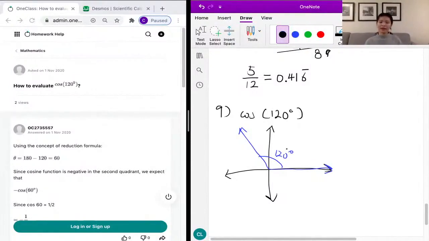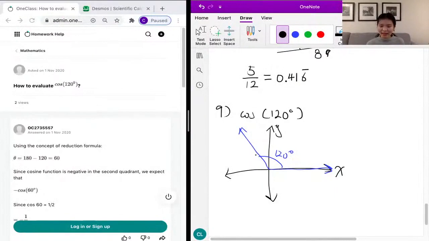And we know that on the unit circle, the cosine values are the x coordinates, and the sine values are the y coordinates. Over here, we know the horizontal axis is the x-axis, and the vertical axis is the y-axis. And we know that x is positive on the positive side, or on the red side of the y-axis, and x is negative on this side.